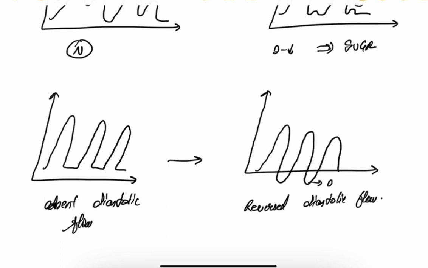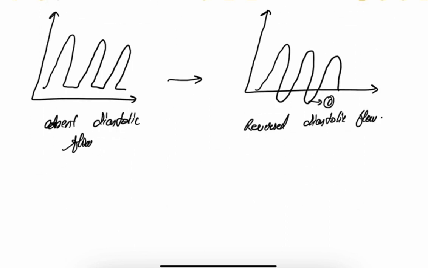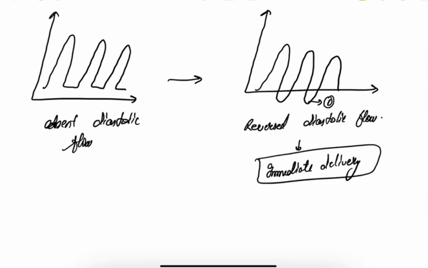Here the diastolic flow is reversed in the reverse direction. During diastole, blood is actually coming out of the baby's body. So this is very dangerous, and you have to do immediate delivery. If flow reversal is present, immediate delivery is done irrespective of the gestational age of the baby.